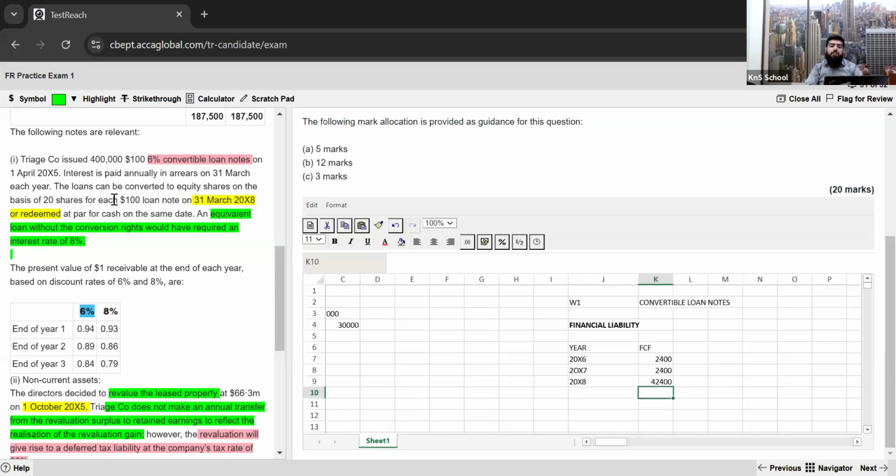So it means 42,400 will be paid. Let me show you the formula.